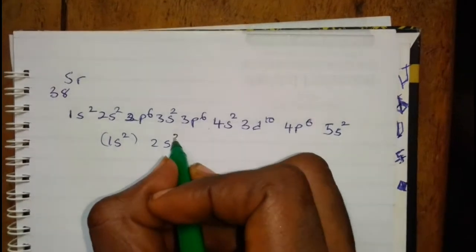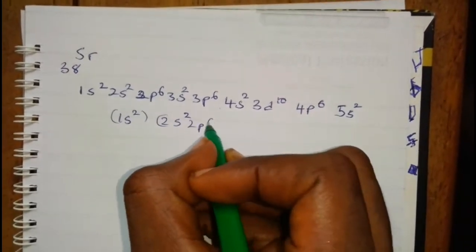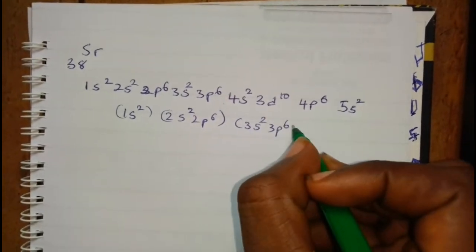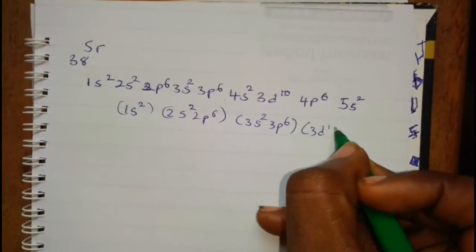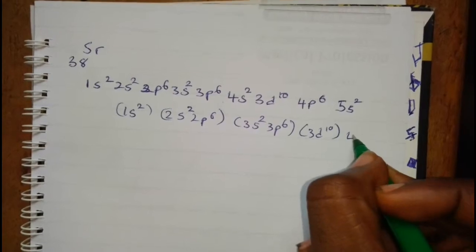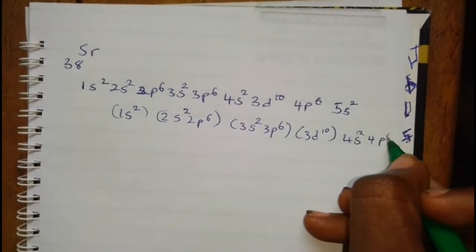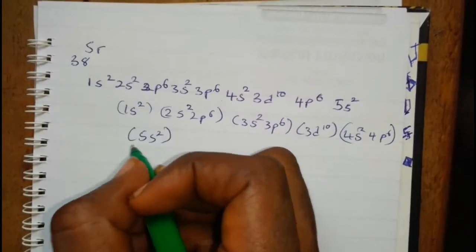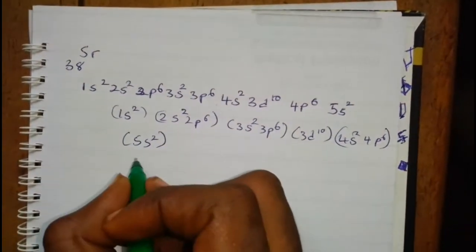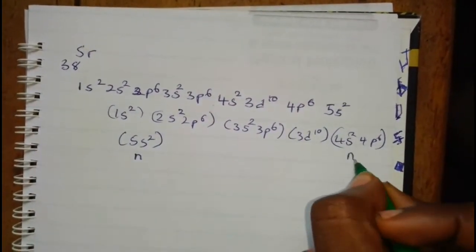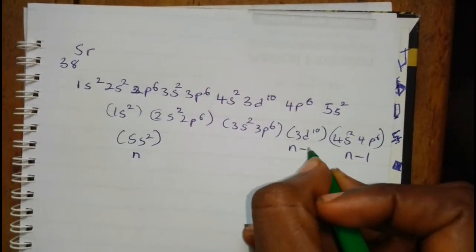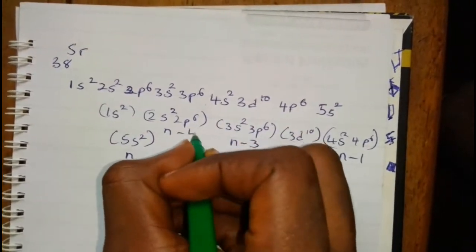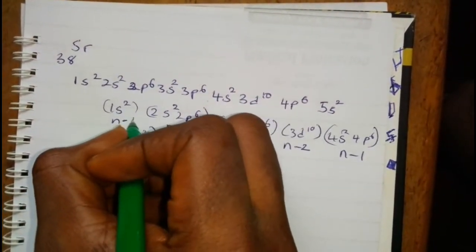So let's group that. We've seen the grouping already. So this will be our n minus 1, n minus 2, n minus 3, n minus 4, n minus 5.